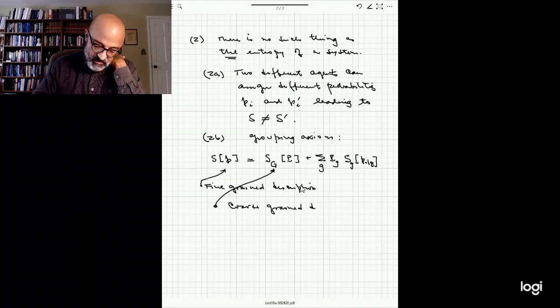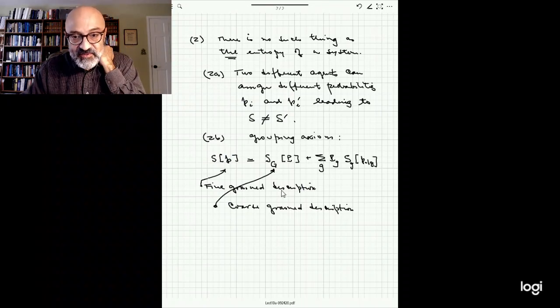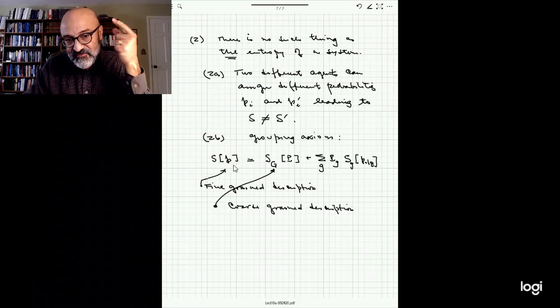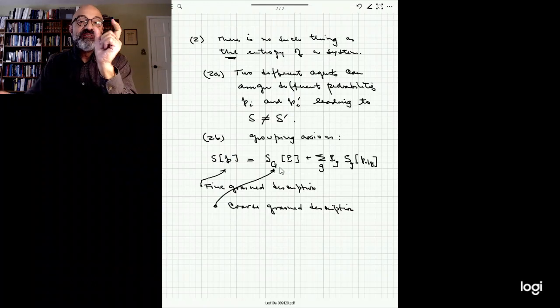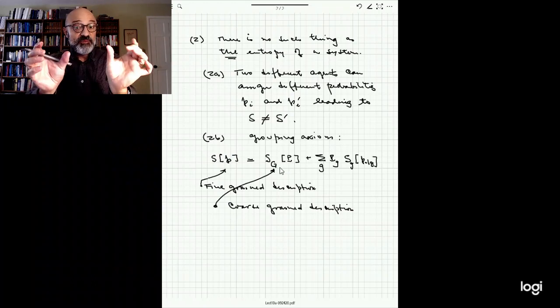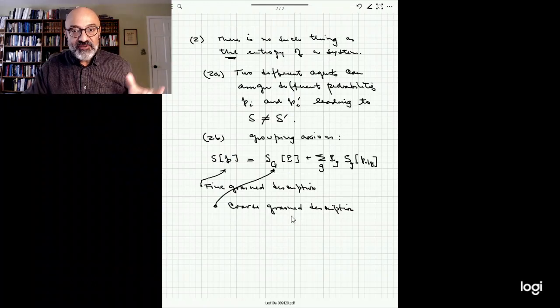What this means is that you're describing the same system. Here, you are really trying to figure out the amount of missing information to nail one of the microstates. Here, you're trying to figure out the missing amount of information to single out one of those groups. Both refer to exactly the same system. The P that appears here is a coarse-grained description.